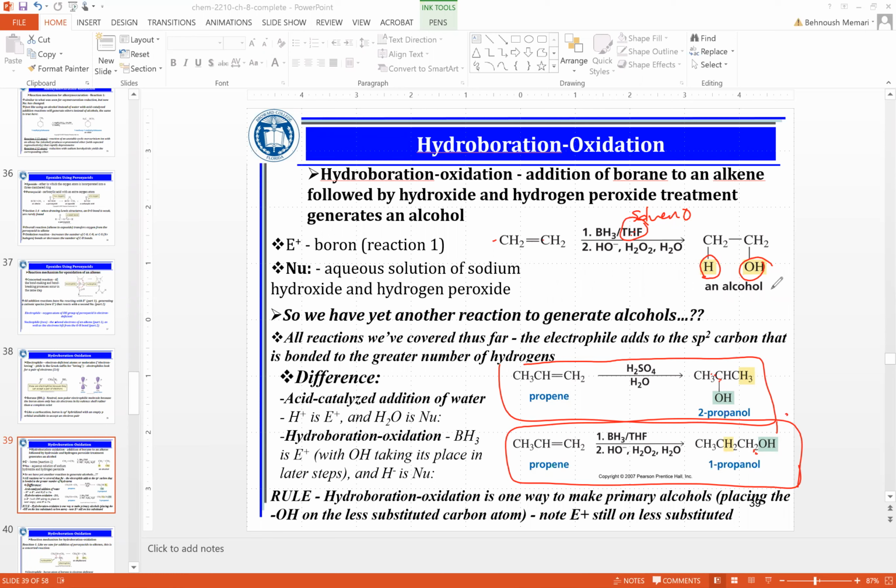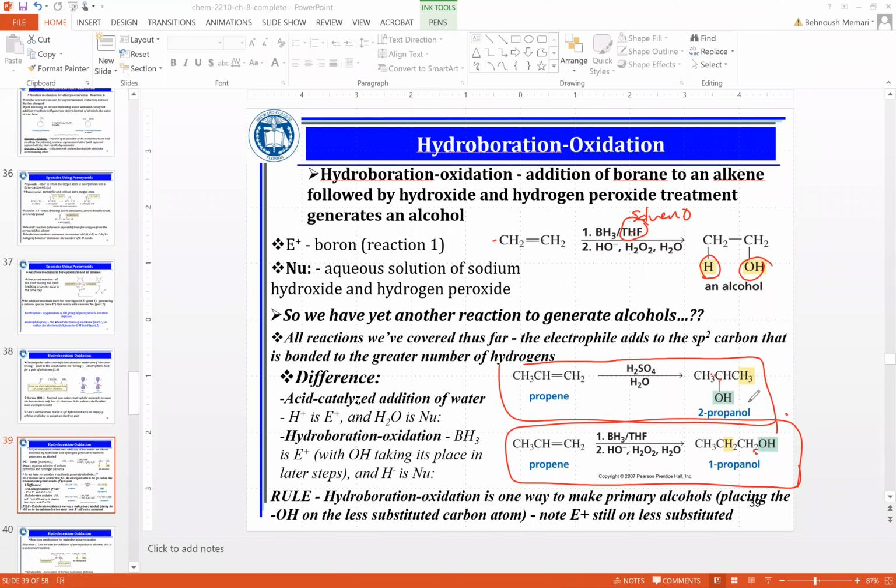But with hydroboration oxidation, you would get anti-Markovnikov addition.